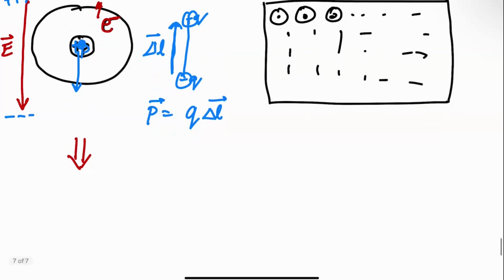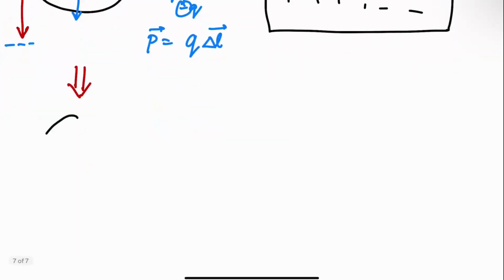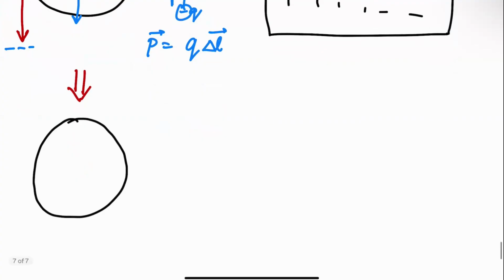Okay, so what happens to this atom then? It gets stretched out or deformed, right? So now the center of my positive charge is somewhere down here, and the center of my negative charge may be somewhere up here, right? Again, this is just a very simple, simplistic model.